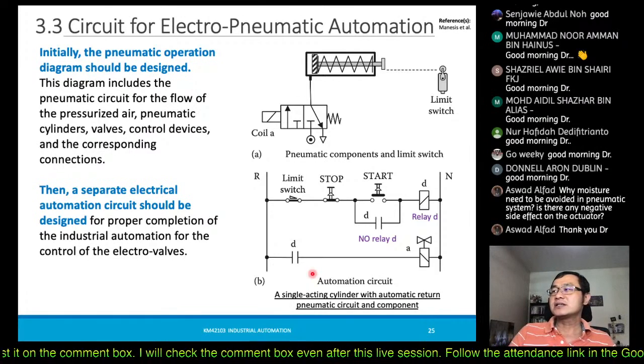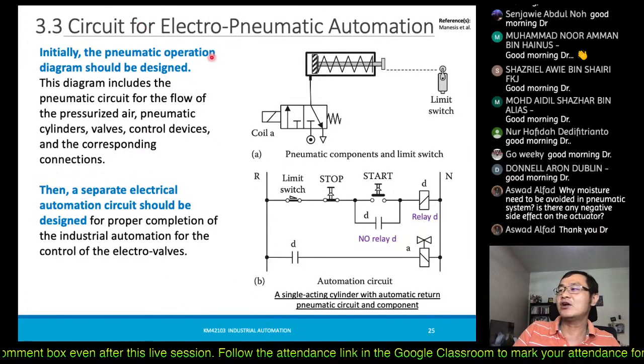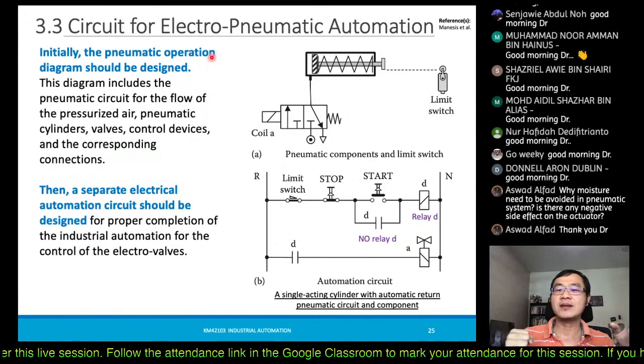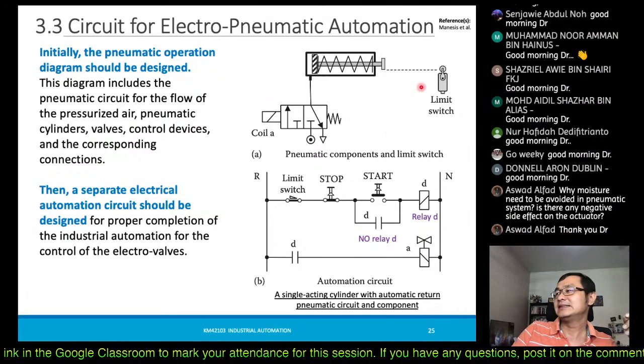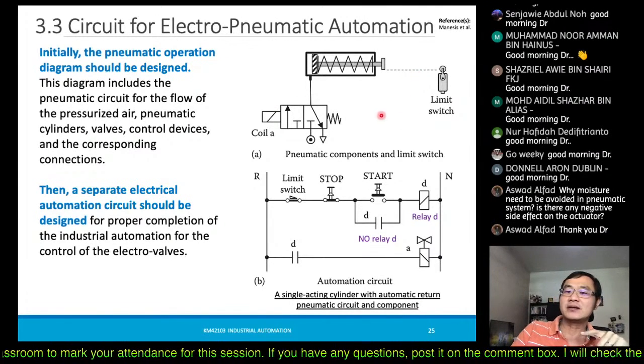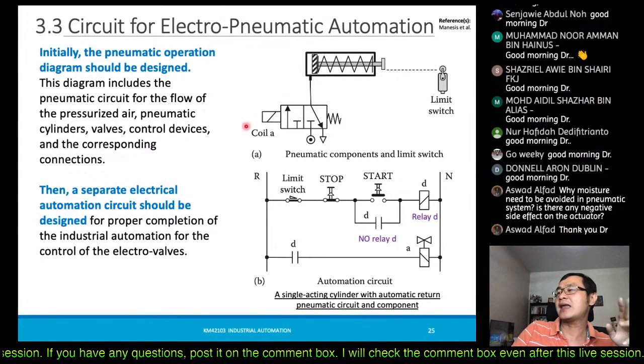In electro-pneumatic automation, the first part we have covered is mainly the pneumatic operation diagram. You should be able to visualize the movement of this, with a limit switch and the valve.